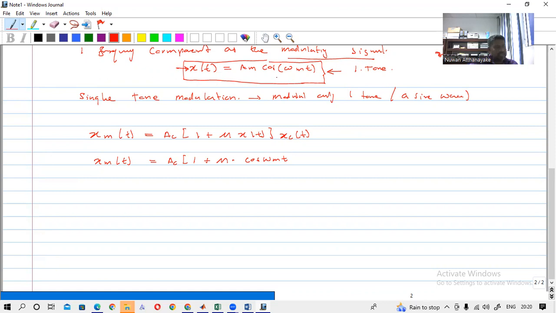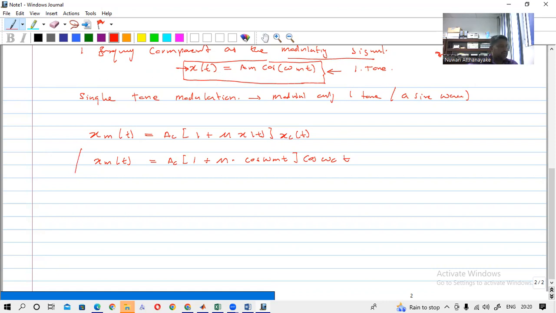So we can say that it is a normalized signal, or simply without the amplitude. And this xc t is also without the amplitude, so it will be cos omega c t.